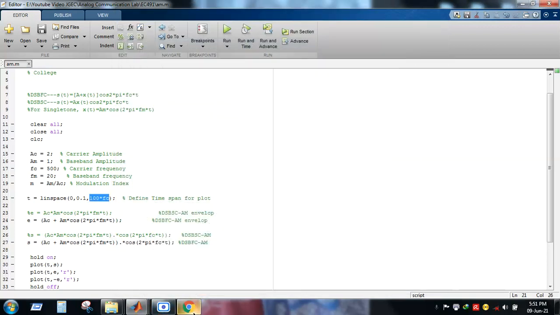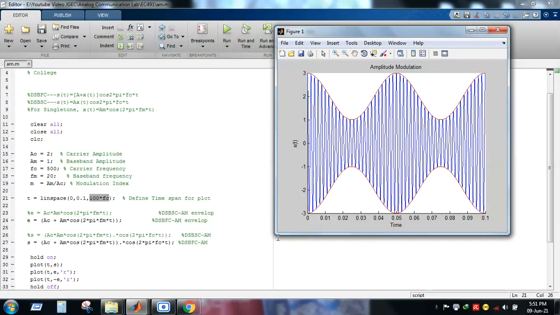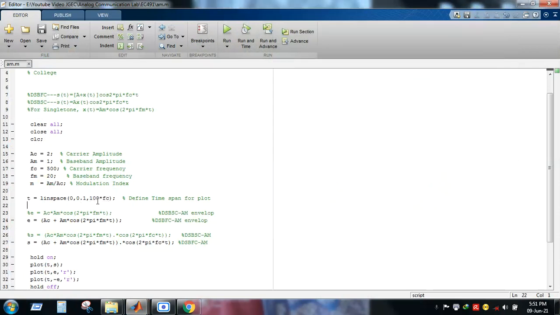Because it will make the output plot smoother. However, you can take only fc also, that will not be a problem, because 500 is quite large.